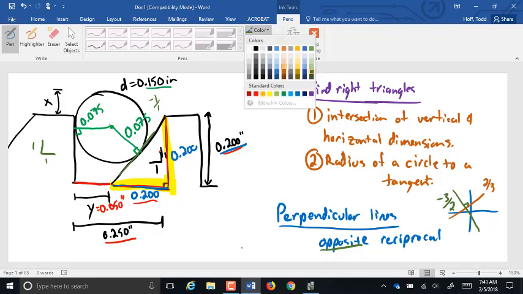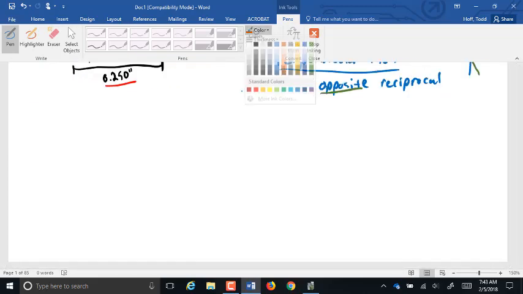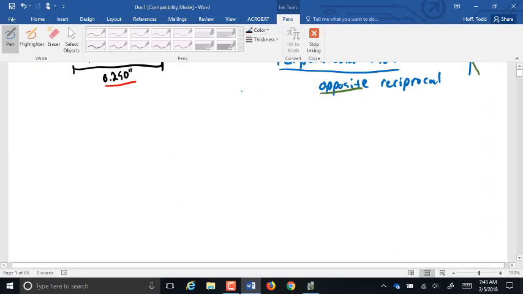Now, because of that, we can draw in this triangle. I'm going to call this dimension A, this dimension B. Finding dimensions A and B are going to be key in solving this problem. How do I find dimensions A and B? Well, I know that this is a 1-to-1 ratio, so A and B are the same thing.